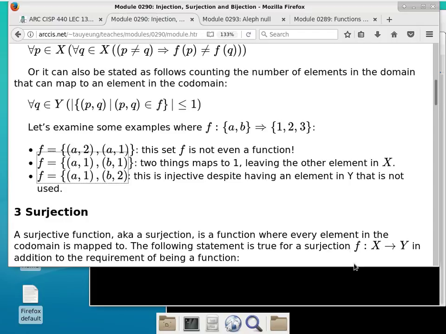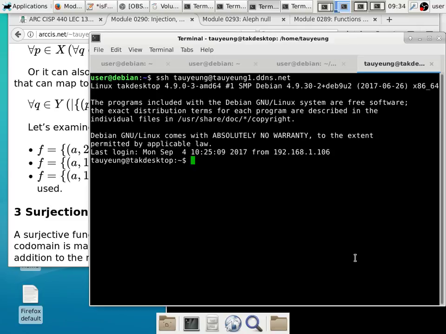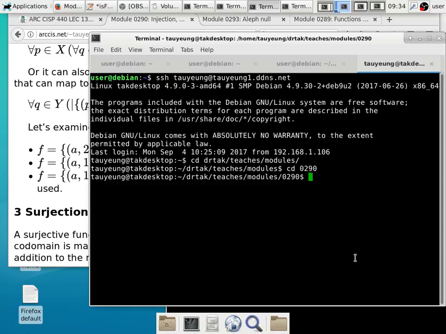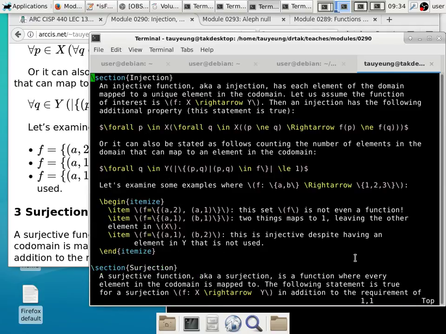Just before I forget, I'm going to go fix it up. I'm missing a close curly brace here.